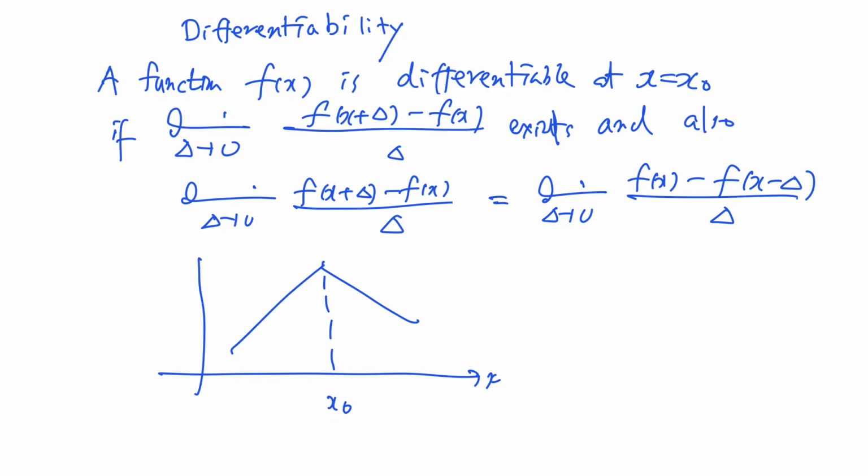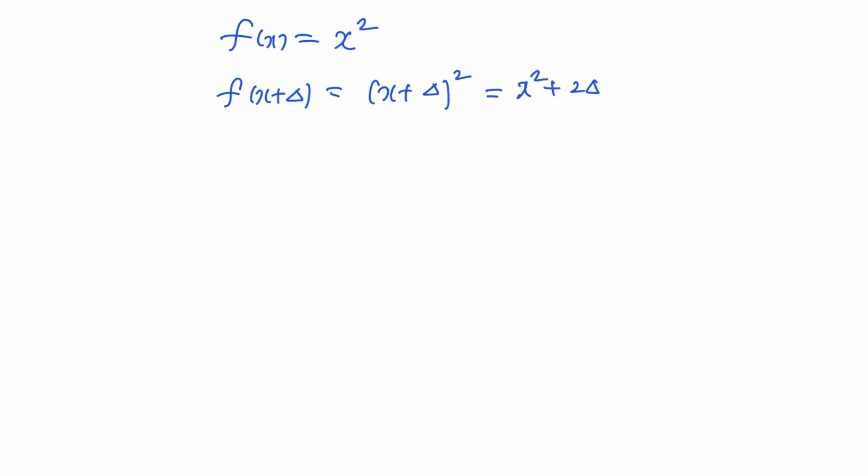So let's try. When f(x) is x squared, f(x plus delta) is (x plus delta) squared, x squared plus 2 delta x plus delta squared, right?